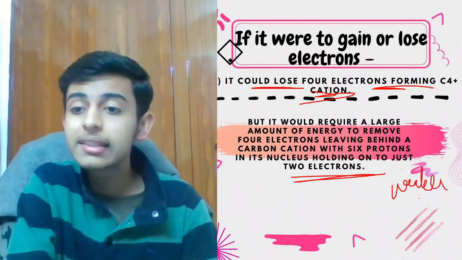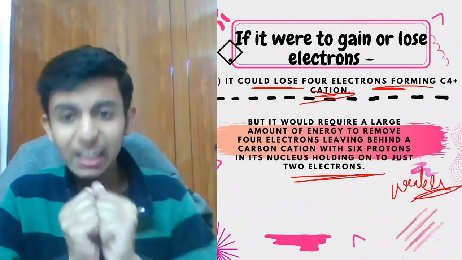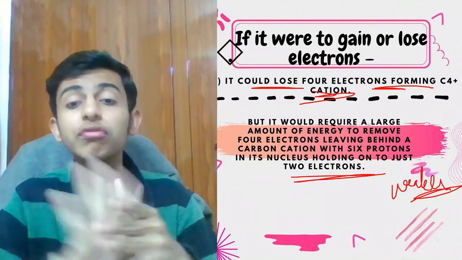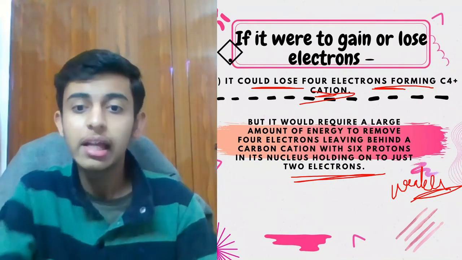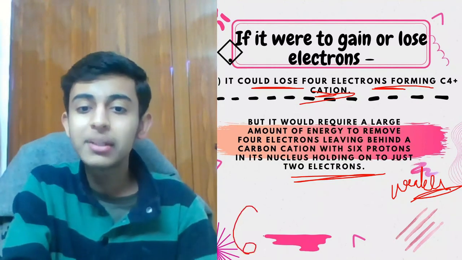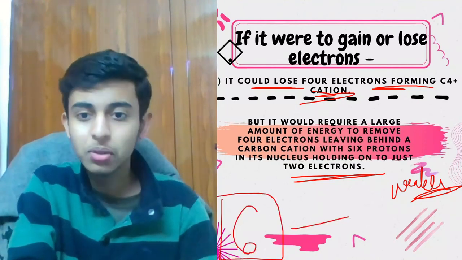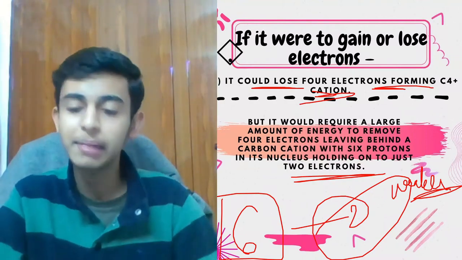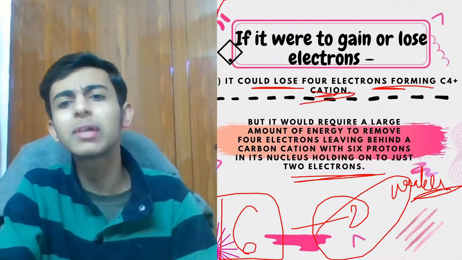Why? Because it needs a lot of energy to break those forces of attraction and remove those 4 electrons from the nucleus. So there will be just 6 protons and just 2 electrons left. This wouldn't make it stable at all. So this plan also cancelled.